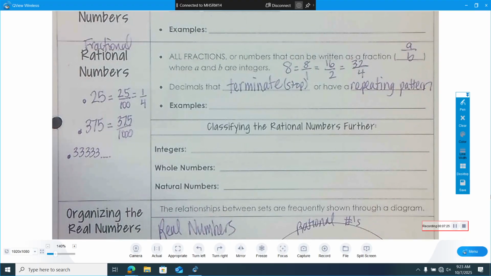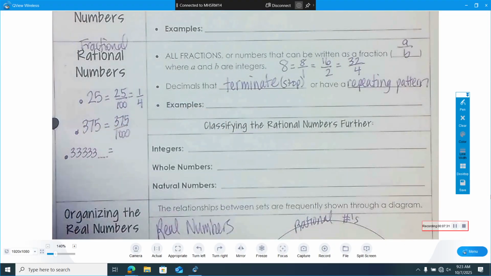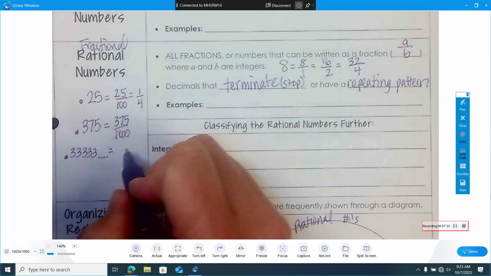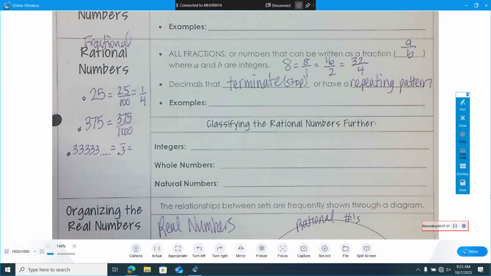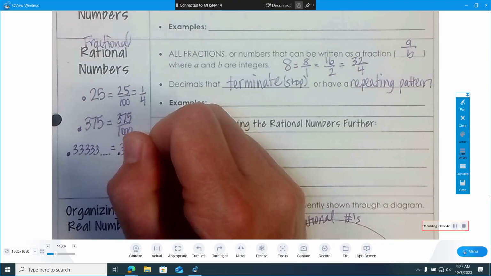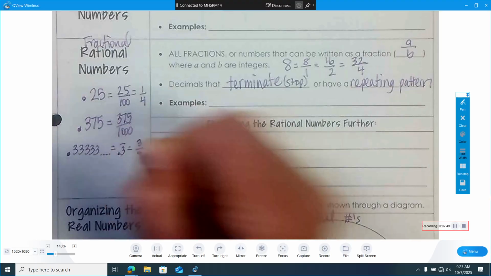Do you know what fraction 0.3333333 is? No? Well, let's see. Just in case you're curious, this would be 0.3 repeating. And 0.3 repeating with the little repeat bar, anything that has a repeat, we can write, Seamus, put your feet down, we can write with a fraction with a 9 on the bottom. So this just becomes 3 over 9.